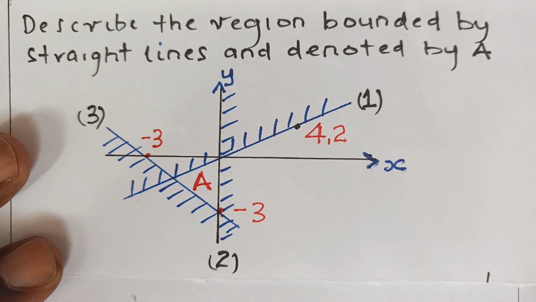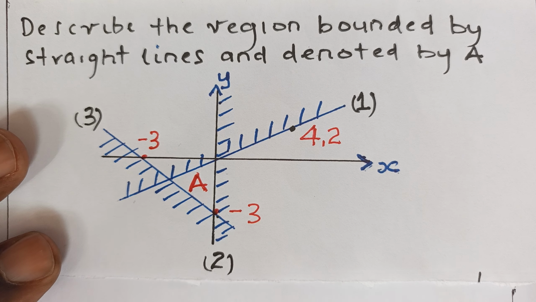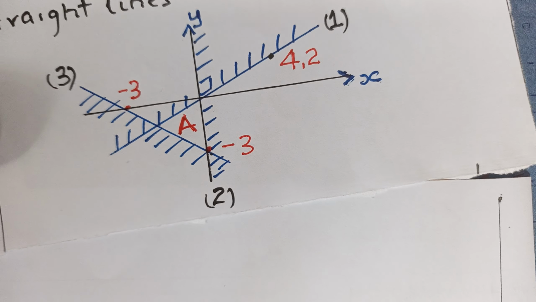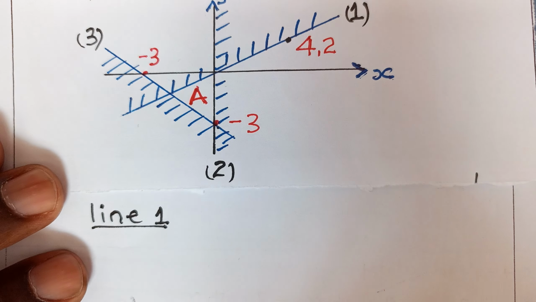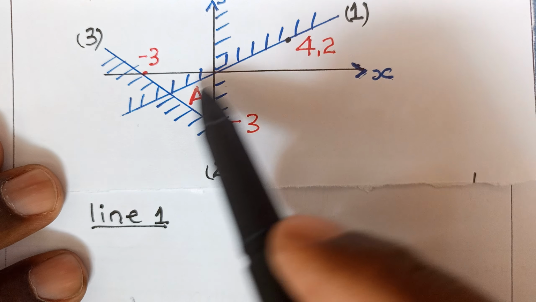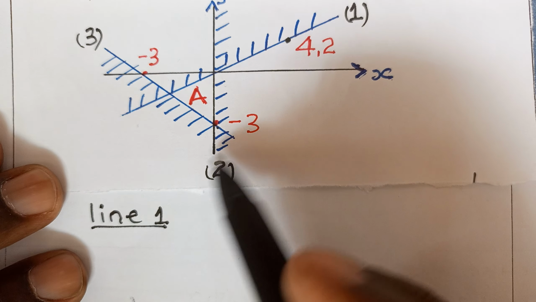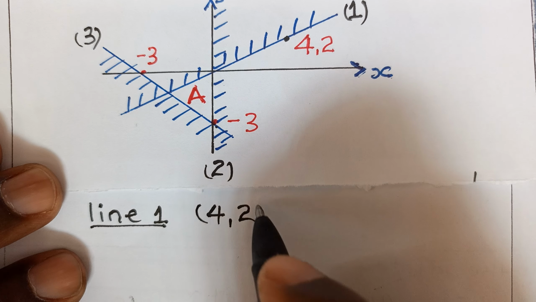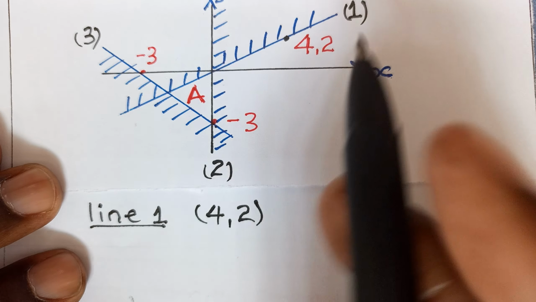And so, starting with the equation of line 1, I get two points on that line. One point is (4, 2) and another point is (0, 0).